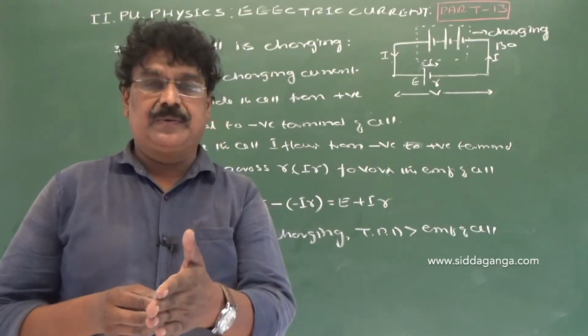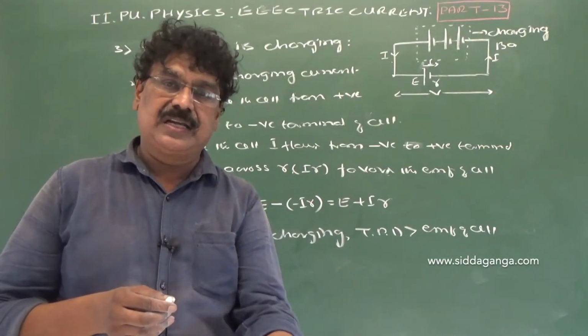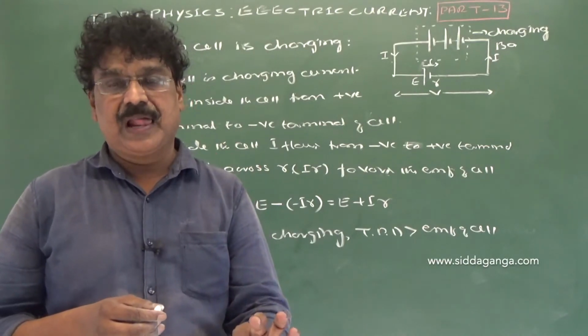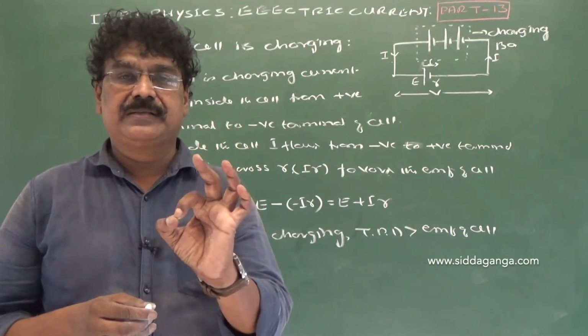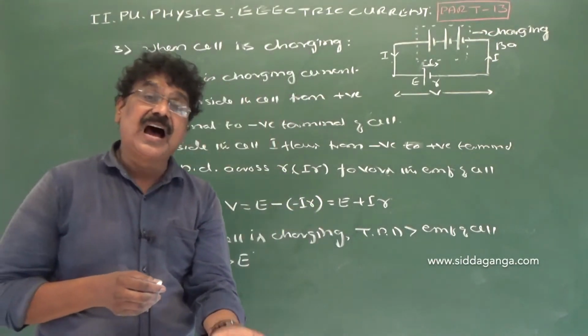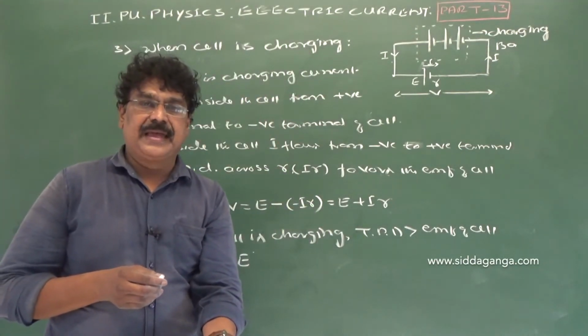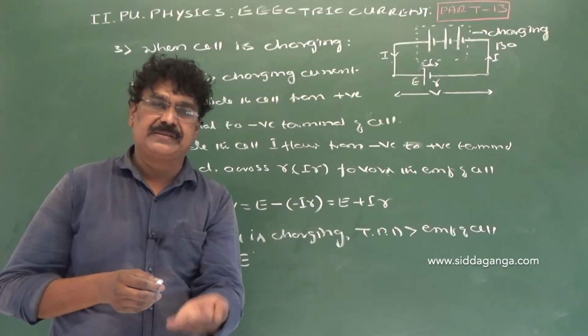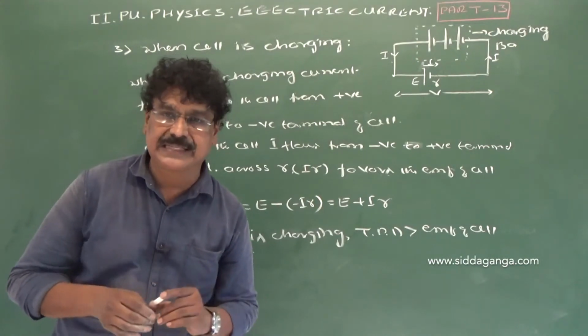In open circuit, the cell is neither charging nor discharging. Current is 0 and the terminal potential difference is equal to the EMF of the cell. When the cell is being charged by a battery, the terminal potential difference is greater than the EMF of the cell.